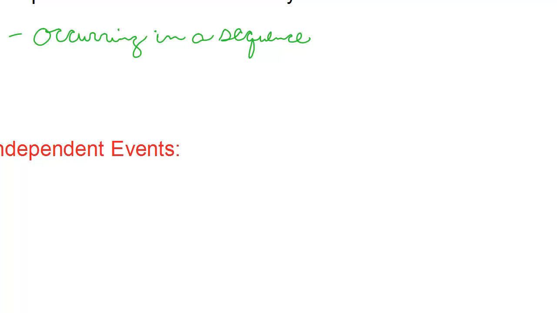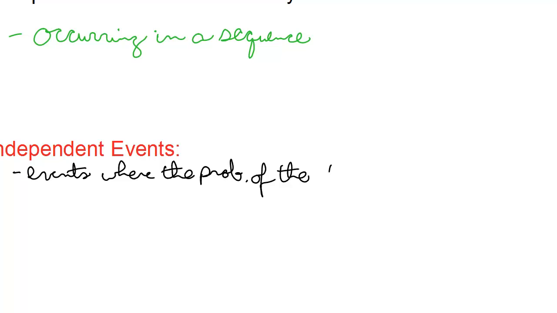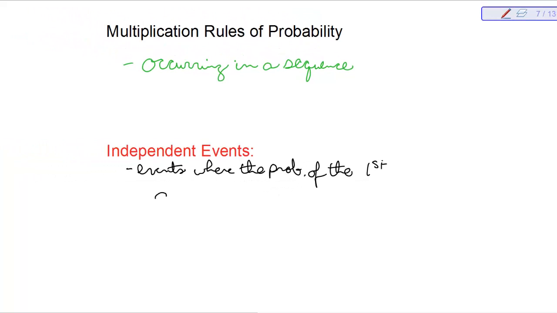And one thing that we need to discuss is independent events. Independent events are events where the probability of the first does not affect the probability of the second.